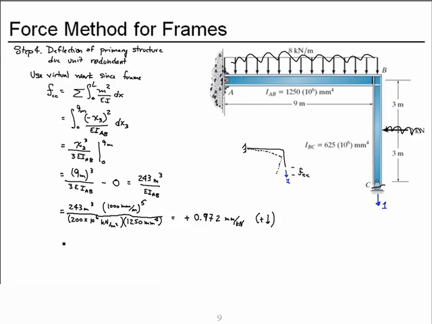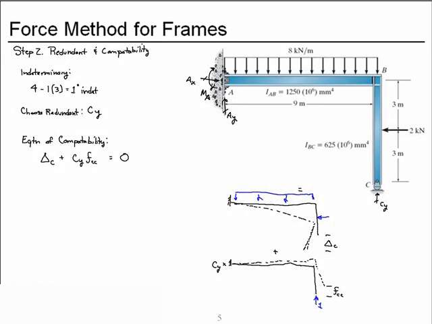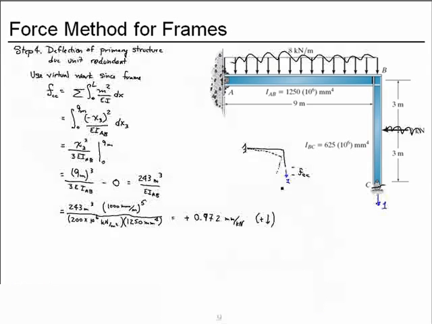So that means if we go all the way back to our original compatibility equation, remember we drew our unit redundant up. And so the calculation we made in step 4 should have been a force applied up. We can correct for that, no problem.